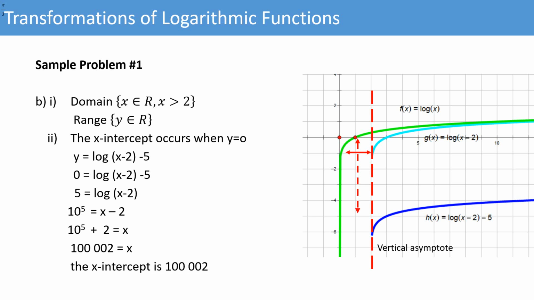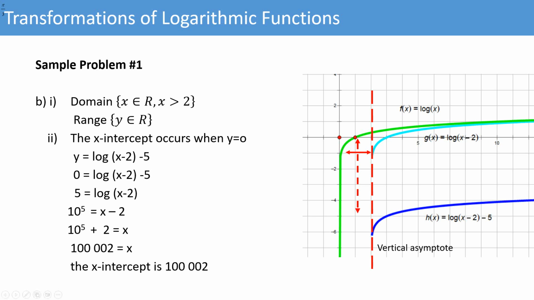To find the x-intercept, set y to 0. y equals log(x - 2) - 5 is our equation. y is 0, and that becomes 0 equals log(x - 2) - 5. Move the -5 to the left. So 5 is log(x - 2).